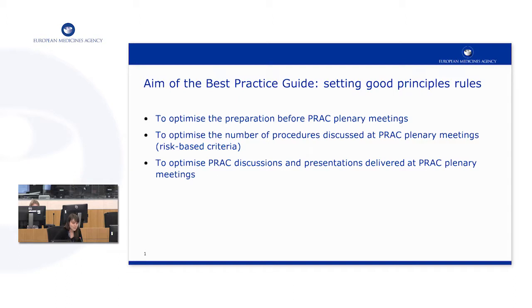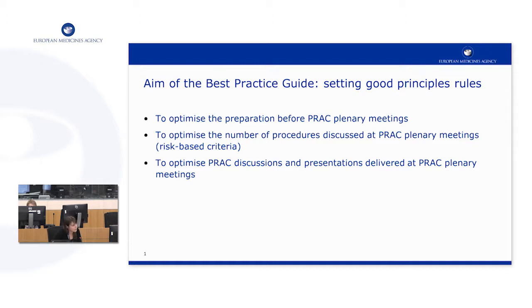From this objective in the work plan, a small group of PRAC members and EMA colleagues started meeting by teleconference, and also in the margin of the plenary meeting, to agree on all these criteria.